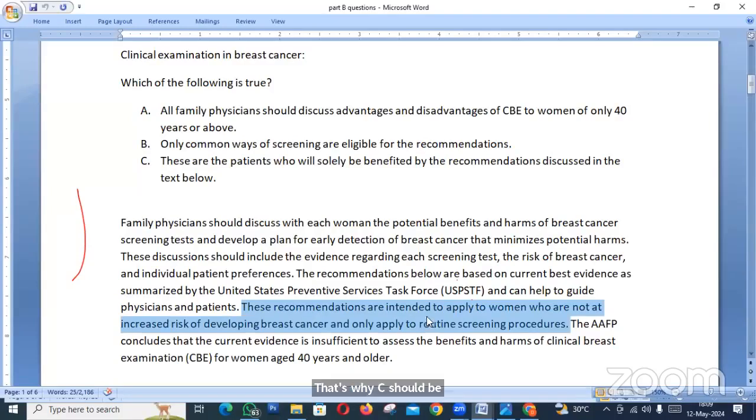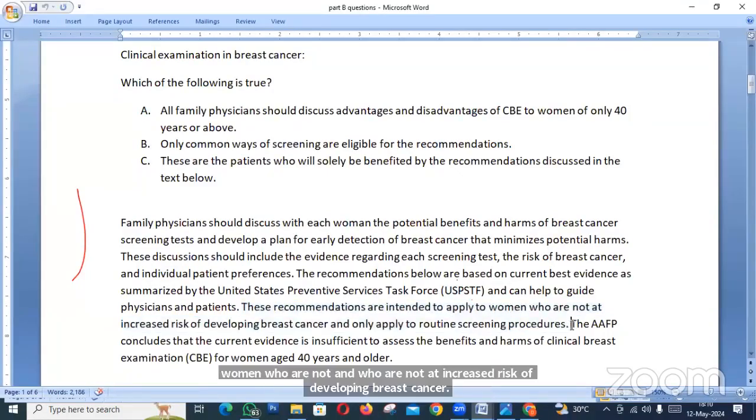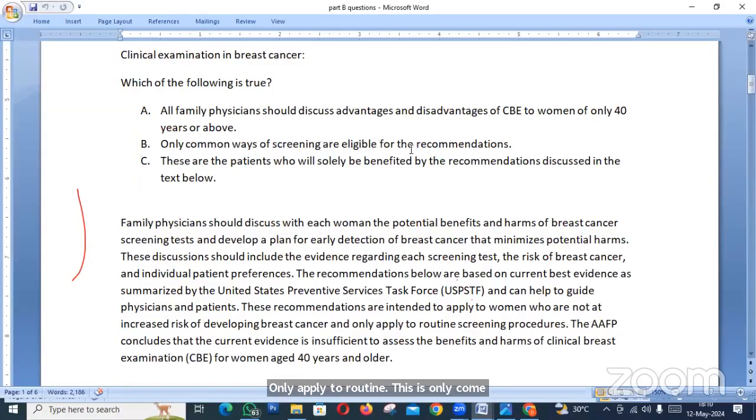Okay, these recommendations are intended to apply to women who are not at increased risk of developing breast cancer and only apply to routine procedures. That's why it says only common ways of screening are eligible for recommendations. But who can get benefits? You mentioned that.